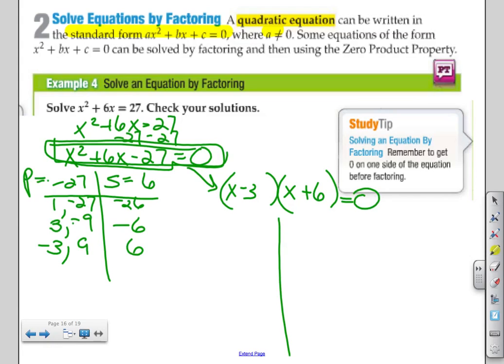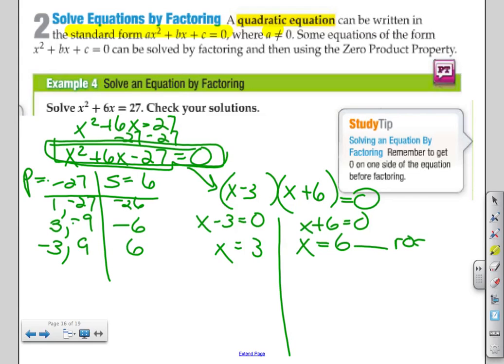Remember, we did this the other day. So x minus 3 equals 0, and x plus 6 equals 0. So x is going to equal 3, and x might also equal 6. Those are our roots, and that's what these are called: the roots of the quadratic.